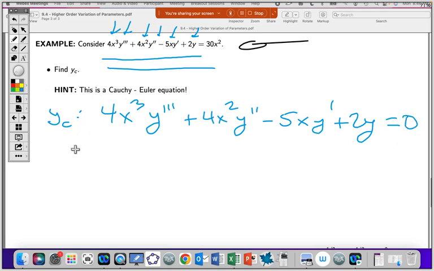Now, do you remember what assumption we make here? For Cauchy-Euler, it's a little different than for constant coefficient. For constant coefficient, we assumed y equals e to the mx, but for Cauchy-Euler, we assume that y equals x to the what?